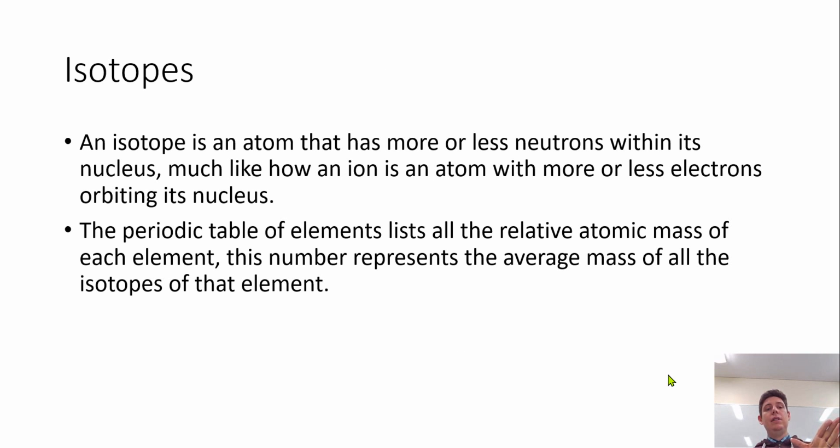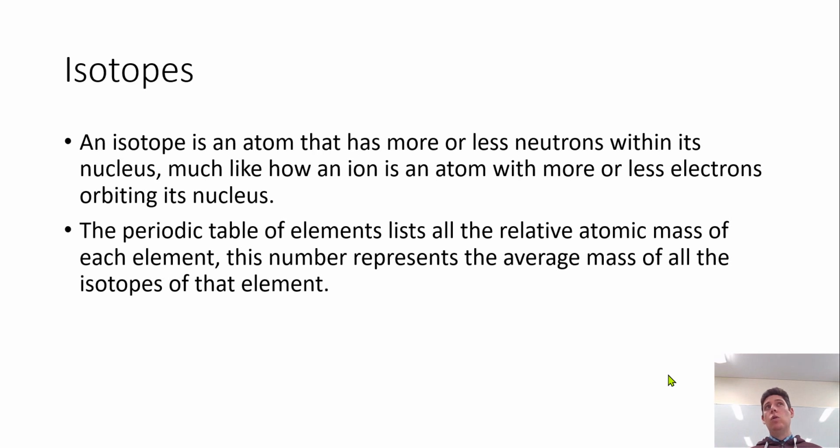So write this down. An isotope is an atom that has more or fewer neutrons within its nucleus. Much like how an ion, which I just described, has more or fewer electrons than the number of protons, so it becomes positively or negatively charged.